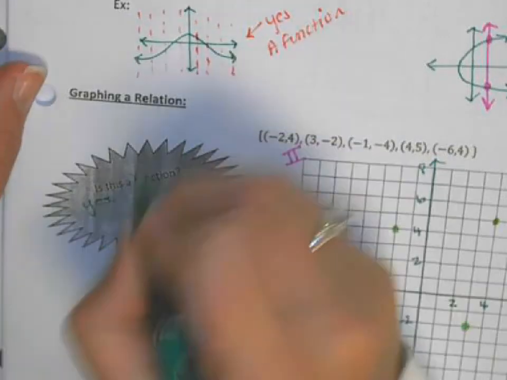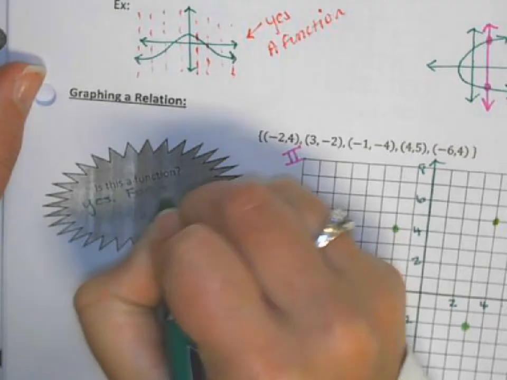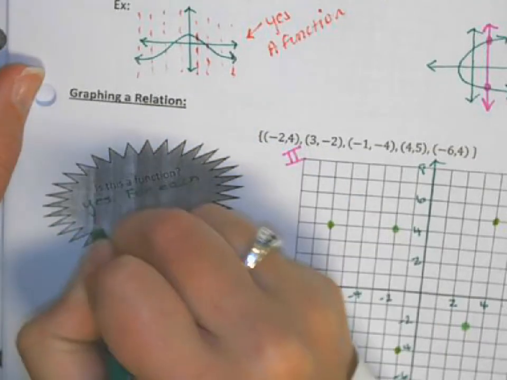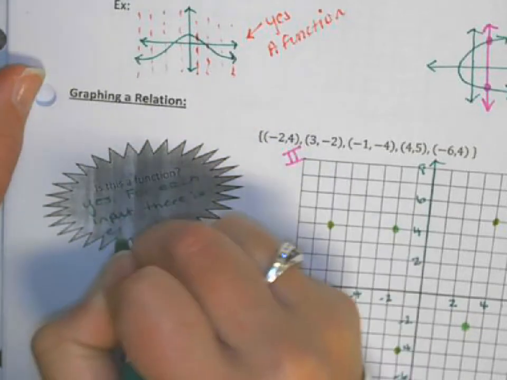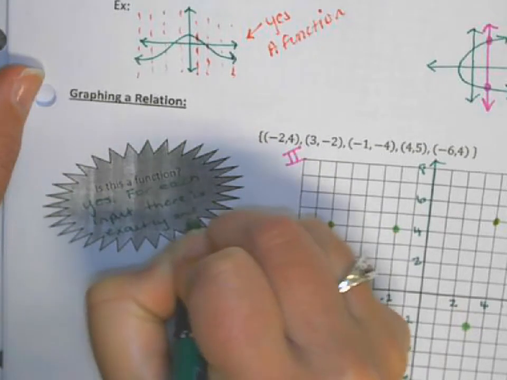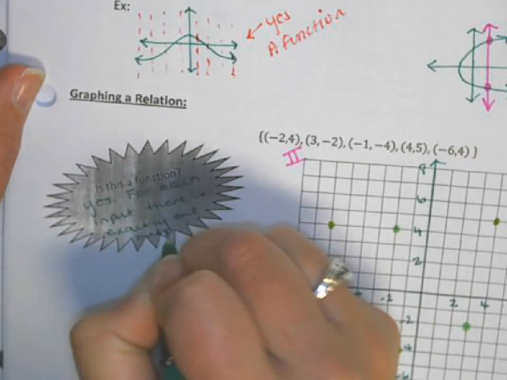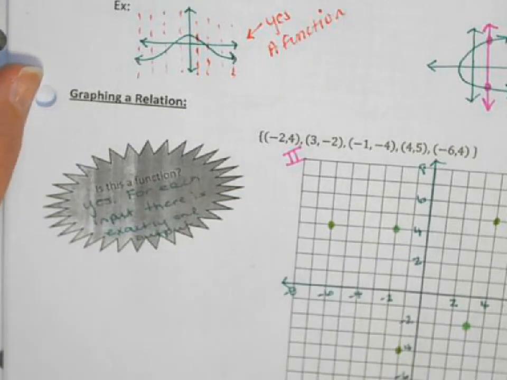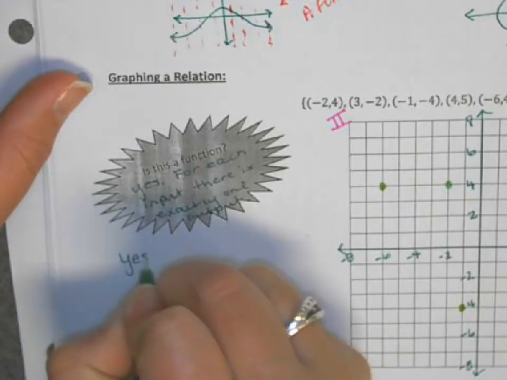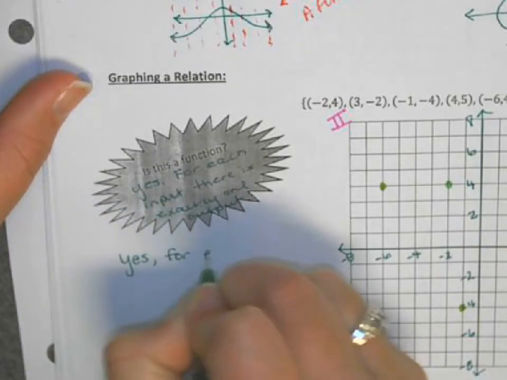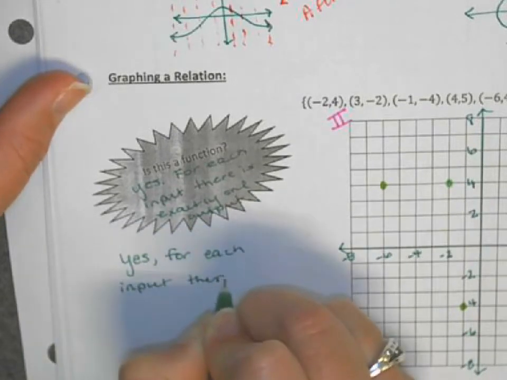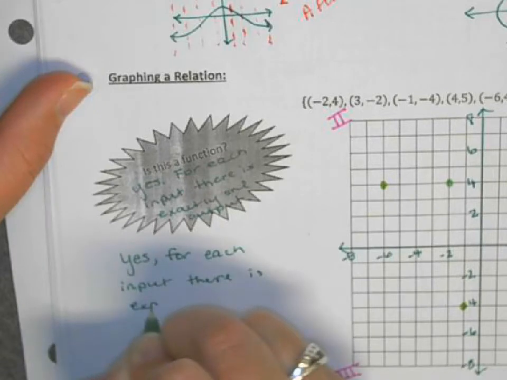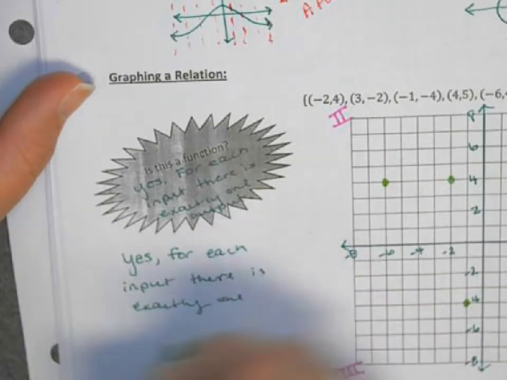So you have to say, yes, for each input, there is exactly one output. That's super hard to read, so I'm going to write it up below too. Yes, for each input, there is exactly one output.